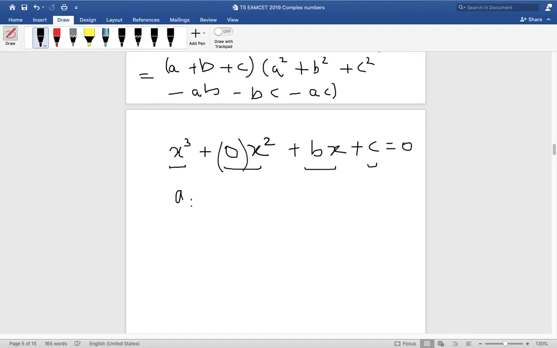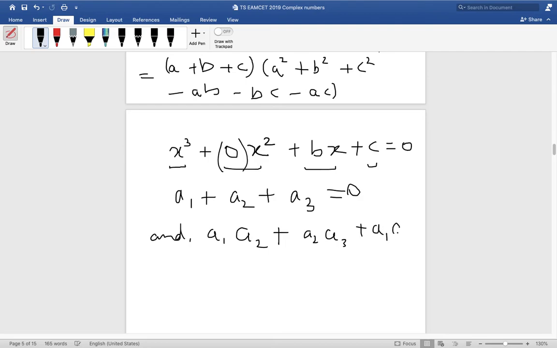So a1 plus a2 plus a3 is equal to 0, and a1 a2 plus a2 a3 plus a1 a3, which is equal to c by a.